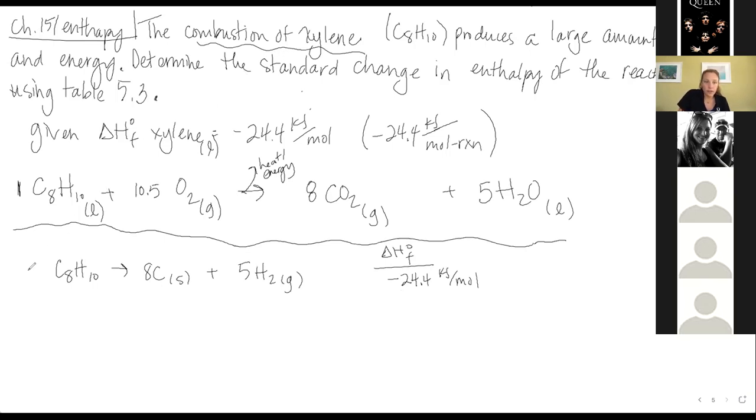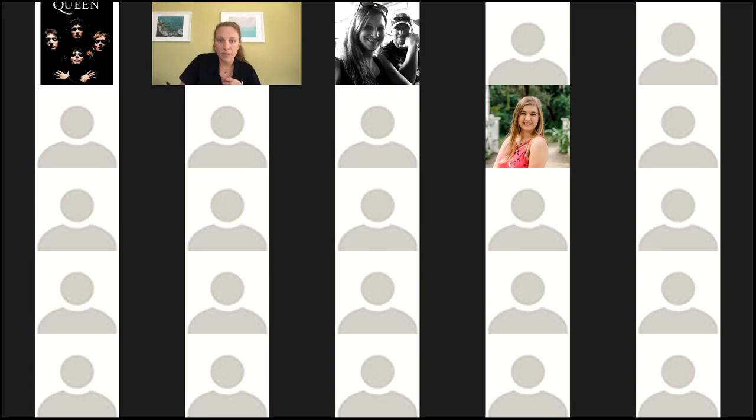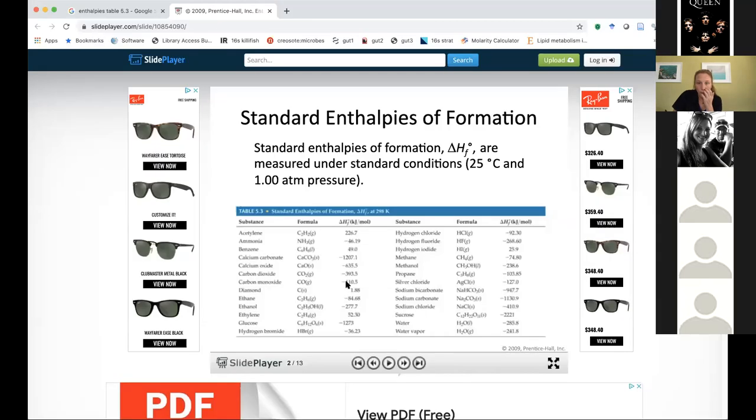The second equation that is given is carbon solid reacts with oxygen gas to produce carbon dioxide gas with an enthalpy of formation of negative 393.5 kilojoules per mole. This is also the same as what's given in table 5.3, right?